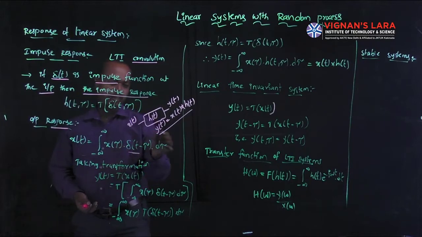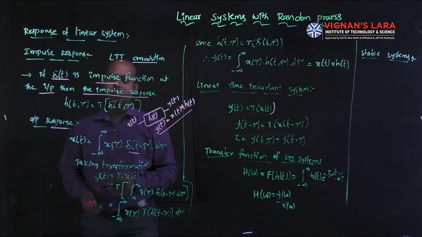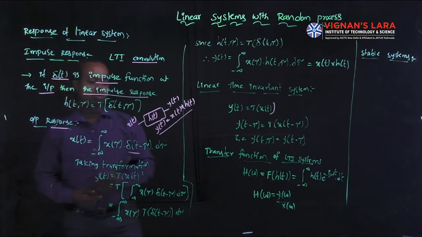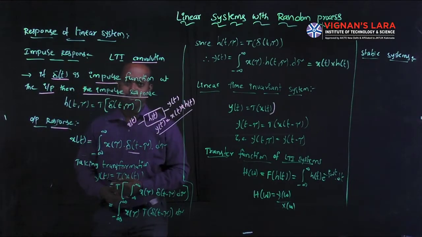And how to write this convolution property between the input and the system function, I am deriving here. That is x(t) equal to the integral of x(tau) delta(t minus tau) d tau, which is the convolution property. In that convolution property, it is a completely impulse function.